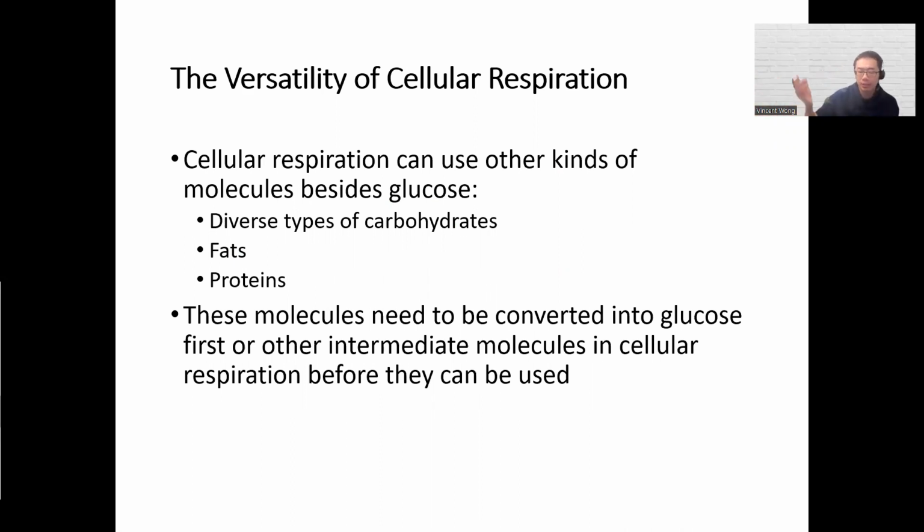Right? So you can break it down into the fatty acids, and then the fatty acid can be fed into pyruvate oxidation directly. Okay, that's just an example. The proteins can be broken down into different amino acids, and depending on which of the 20 amino acids it is, you will be able to put that into different places in cellular respiration as well.